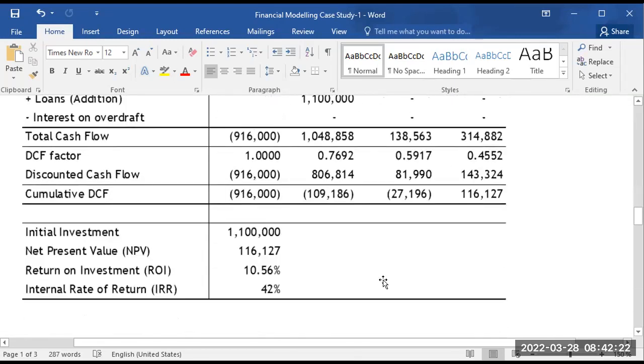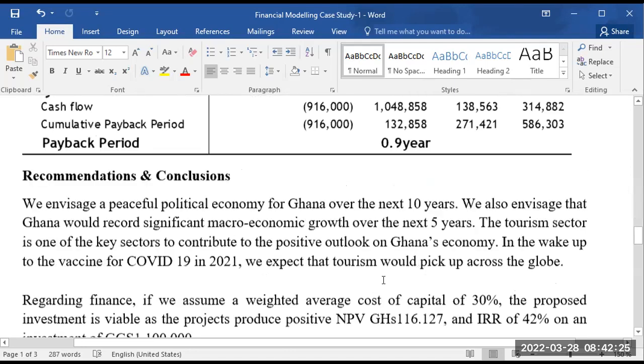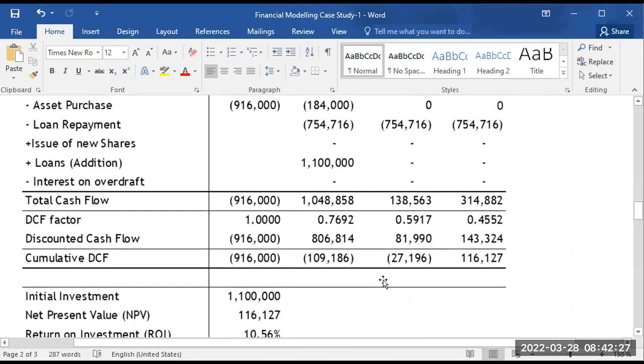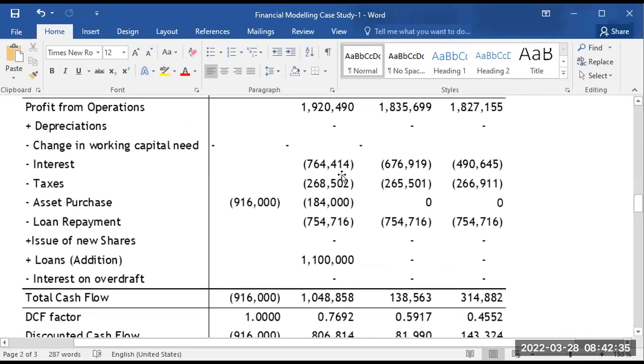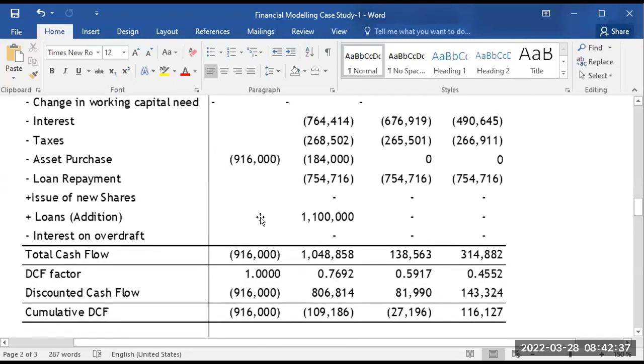And then there's loan addition, so that is our loan. By the end of the first year, this is the loan we've taken so far.